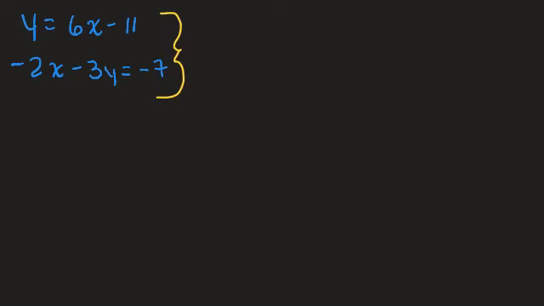I'm going to rewrite this second equation. I'm going to spread this out. It is negative 3 times y. Remember, we just talked about what it means to have a negative 3y or minus 3y. It means negative 3 times y equals negative 7. It's the same exact equation, although I just spread it out.